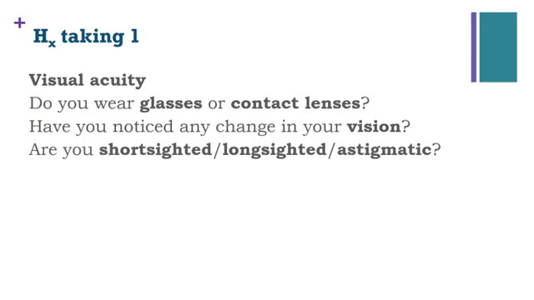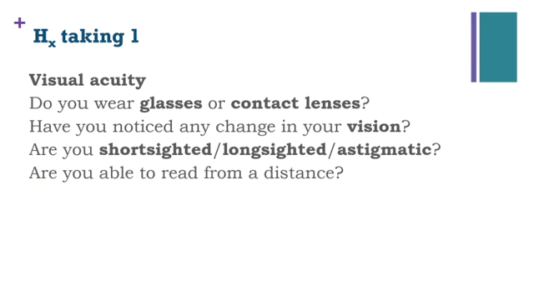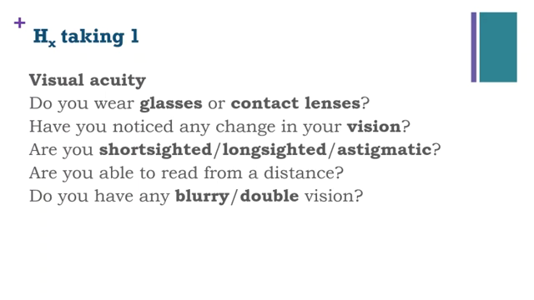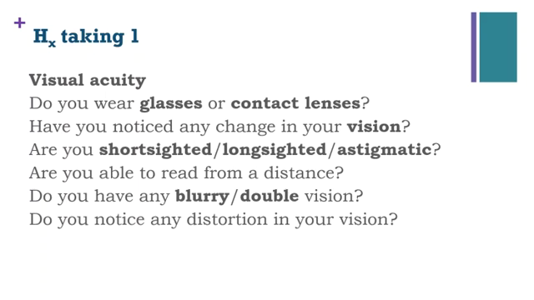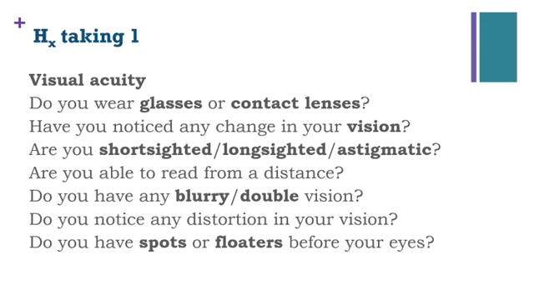Are you short-sighted, long-sighted, astigmatic? Are you able to read from a distance? Do you have any blurry or double vision? Do you notice any distortion in your vision? Do you have spots or floaters before your eyes? Do they affect your vision?